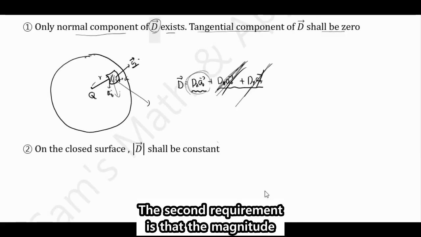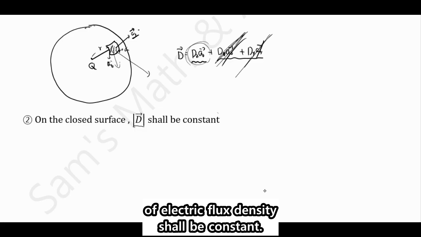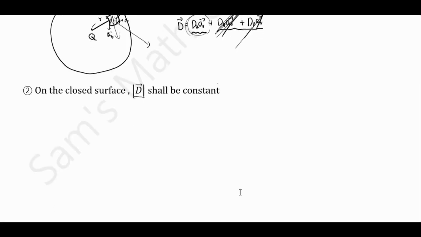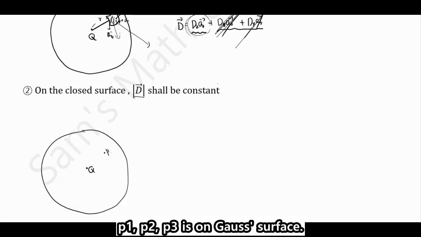The second requirement is that the magnitude of electric flux density shall be constant. It means you have point charge Q and the Gaussian surface as the surface of a sphere. P1, P2, P3 are on the Gaussian surface.